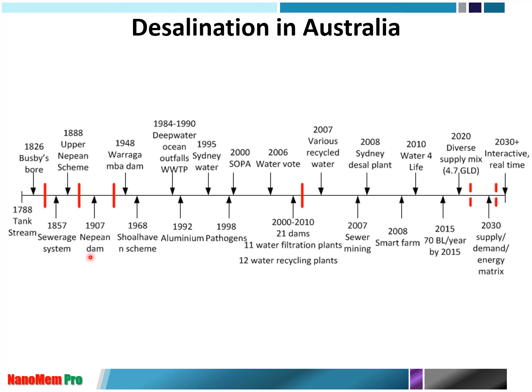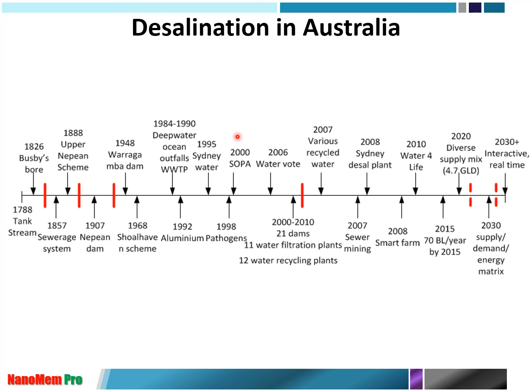Also they have other dams. So we see all the dam development in the early 1900s, and then we also utilized different kinds of water resources because of the population and industry, and climate change.